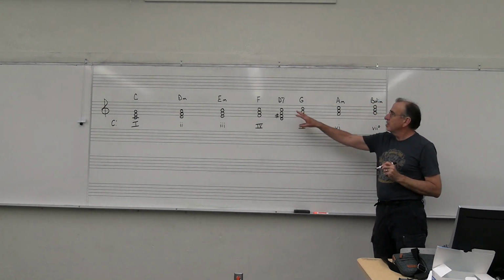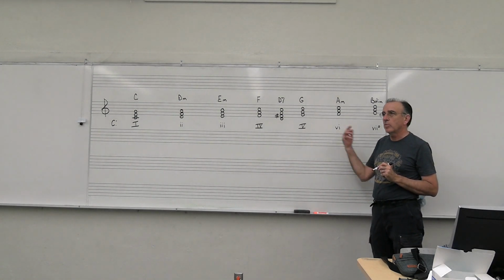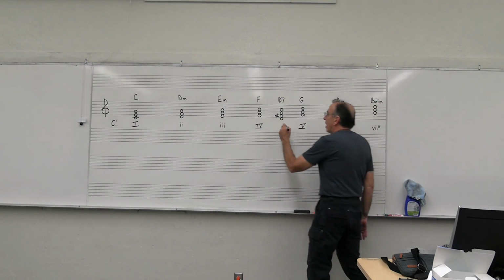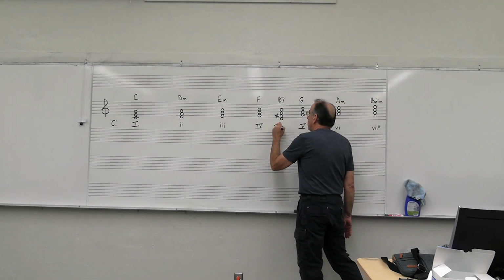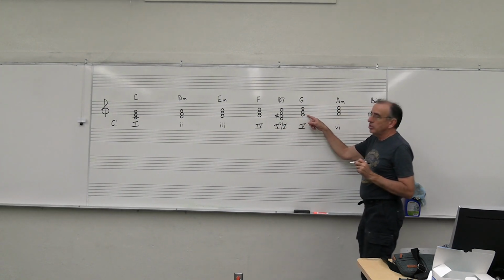I'm going to use the dominant 7th. You can also just use the triad, but I'm going to use the dominant 7th because, again, it's a little more powerful, a little bit stronger. And then we called that 5, 7 of 5 because it's the dominant of the G chord.